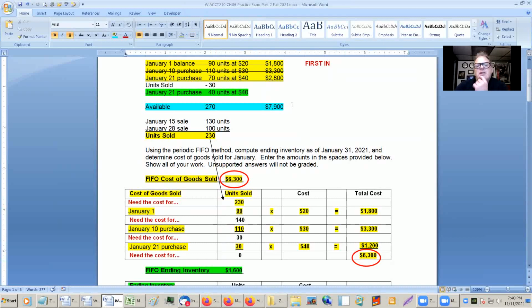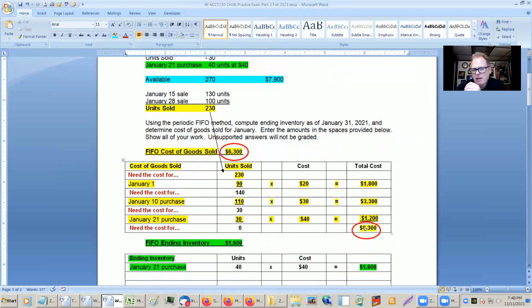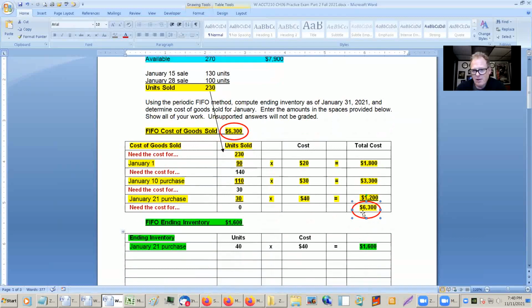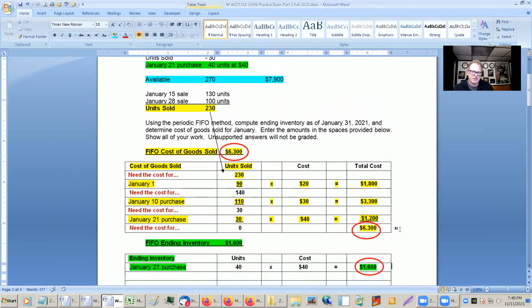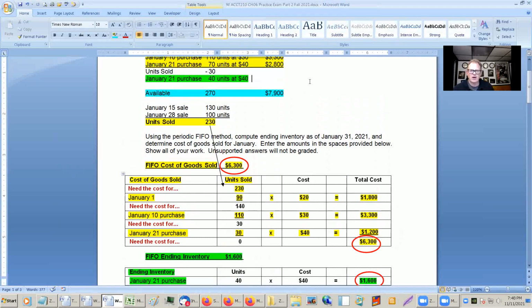This 7,900, this total available, truthfully, if you get the cost of goods sold, if this was the cost of those units that we sold, then you can actually get the ending inventory without doing very many calculations. And here's why.